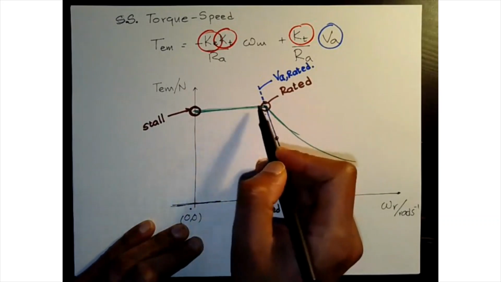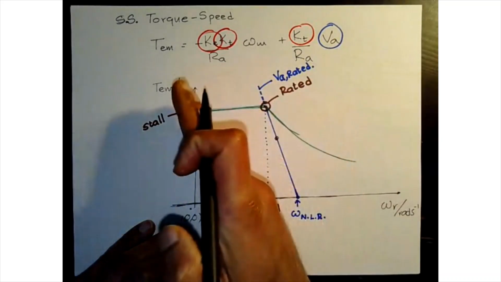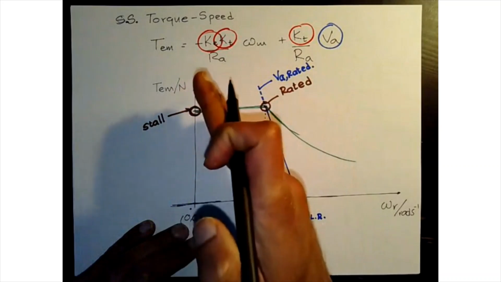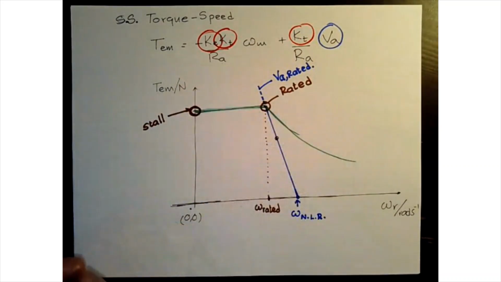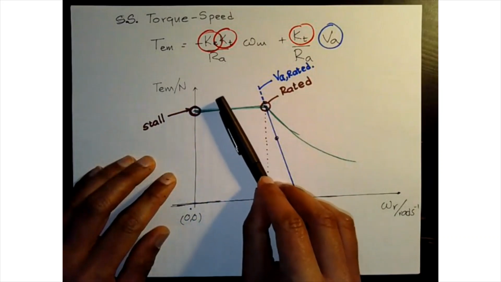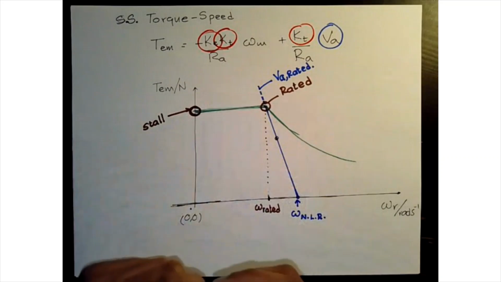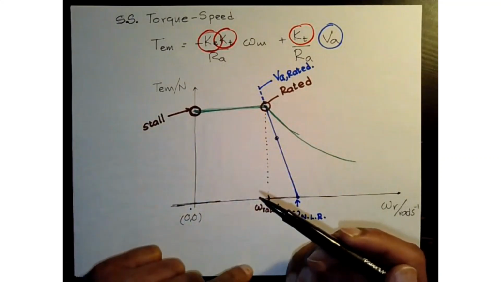Exactly, the applied voltage VA is changing, right? So that means we have a set of curves as we change the voltage, going from here to here to here, but it's just at that operating point because we are maintaining the current constant.